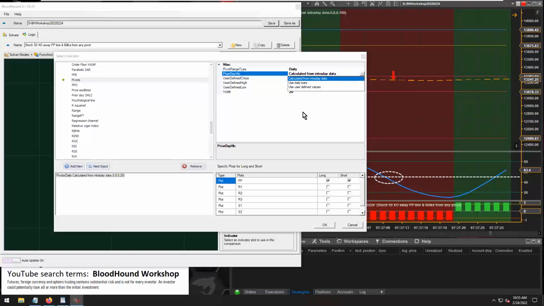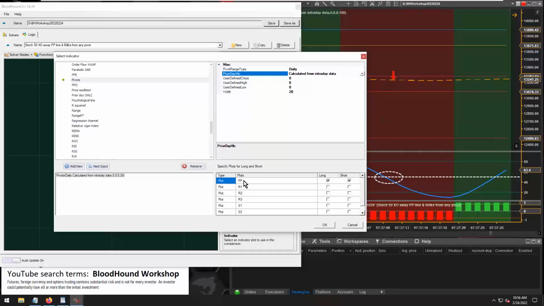I may have tested that a long time ago when NT8 first came out, but just be aware that if you put your indicator on, use daily bars and it's not working, well, then that just means Ninja 8 still has this problem with the pivots indicator. Anyways, just that little tidbit of old information.